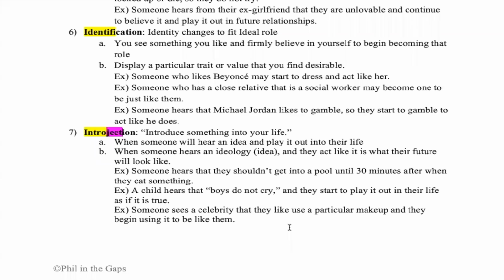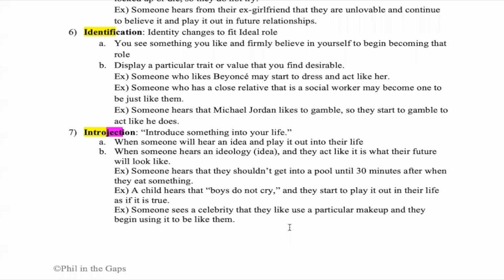Another example, someone sees a celebrity that they like use a particular makeup, and they begin utilizing the makeup to be just like them. So they're just utilizing the makeup, not trying to identify, not doing everything that person's doing. They're simply doing one thing that the other individual is doing.